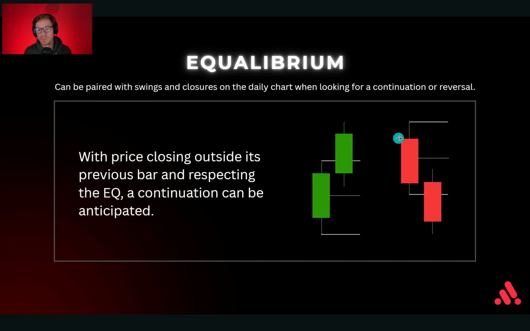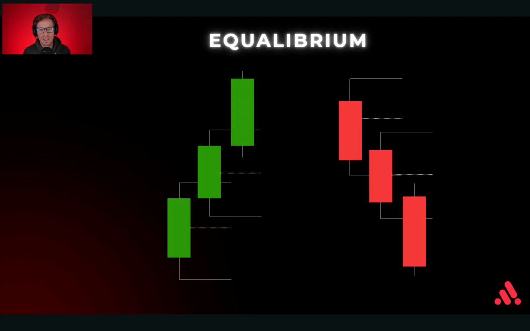In our bearish example, you can see our second candle closes below the low of the previous candle, and we can mark out the high and the low, and we look for our entry within the lower half of this EQ level. This is how it plays out in this bearish and bullish continuation.